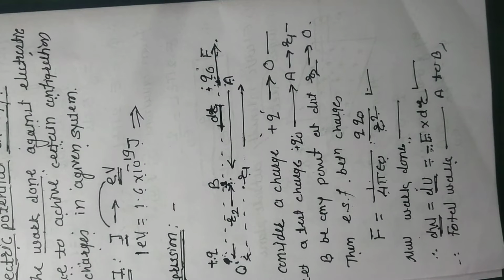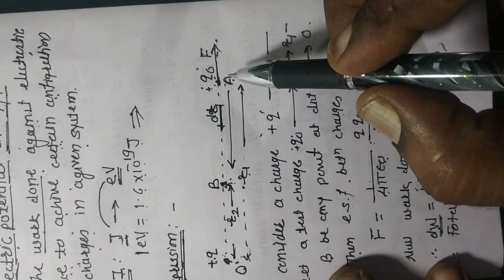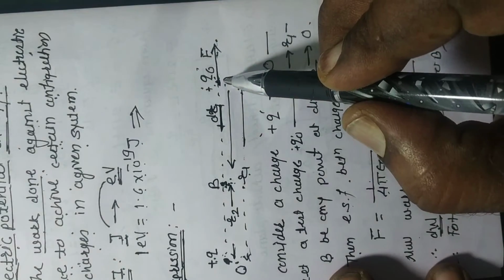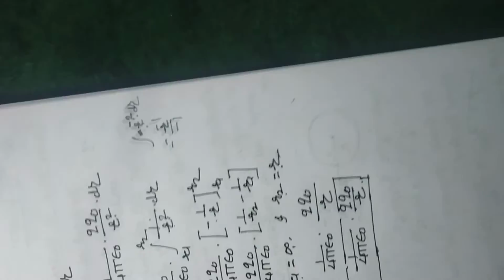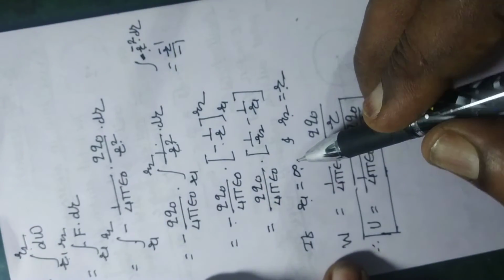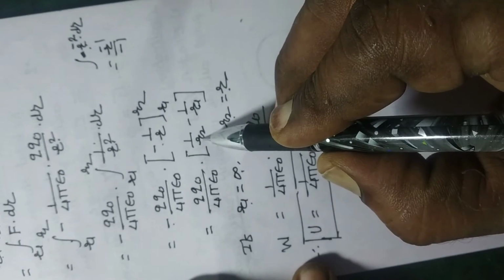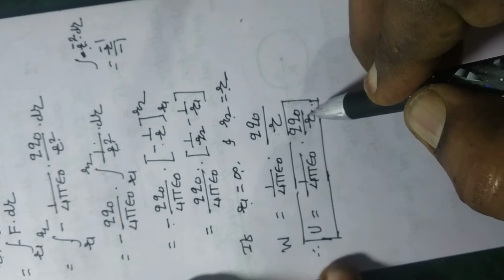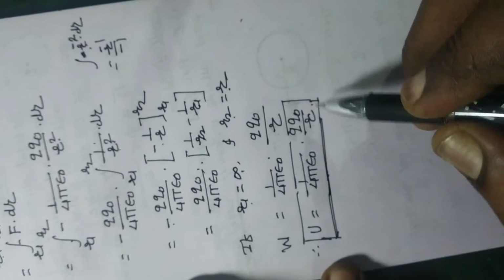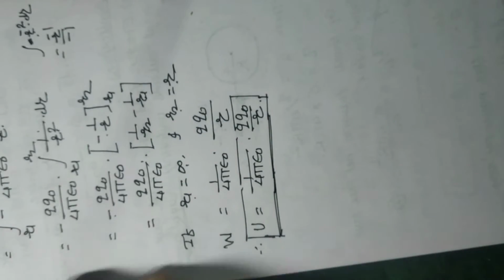This is small work or small increase in energy, and therefore total work to displace charge from A to B is the integration of small work from R1 to R2. Do the integration in the usual way. If R1 is infinity, R2 is R, then this equation becomes like this. This is an expression for electric potential energy.